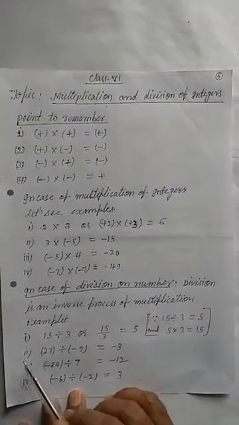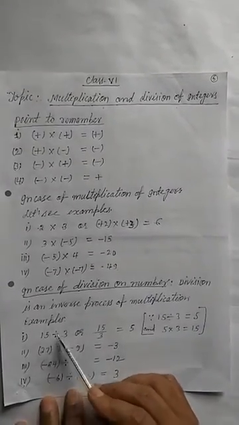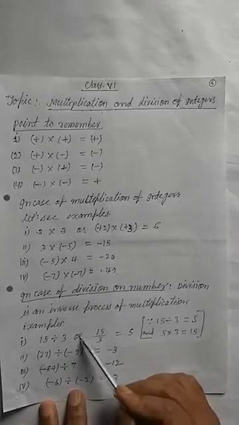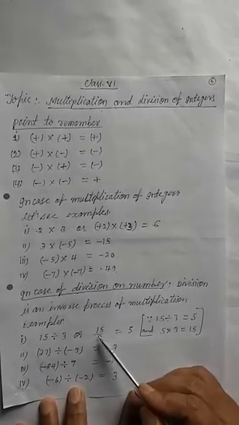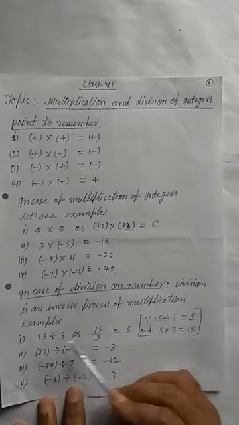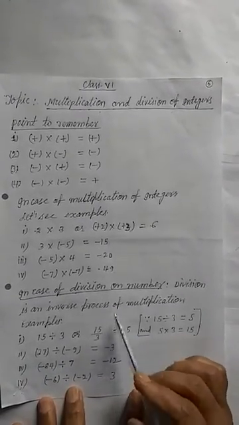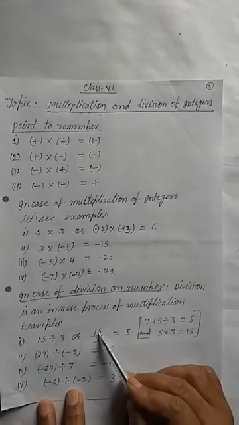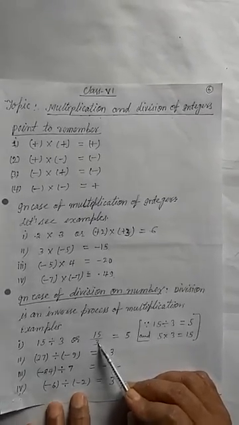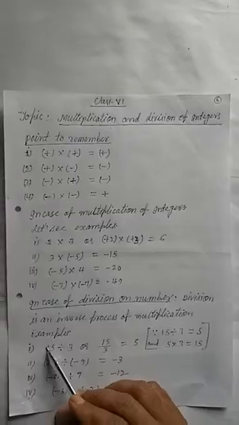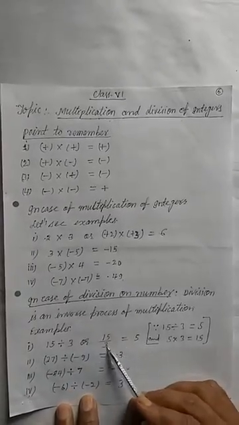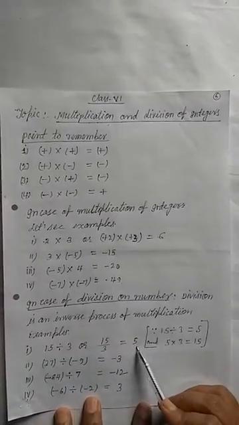The first example is 15 divided by 3, or we can write 15 upon 3. This is up to you, you can write it like this or like this. First we divide, and then decide the sign. Here there is plus and plus. 3 fives are 15, so 5 is the answer.